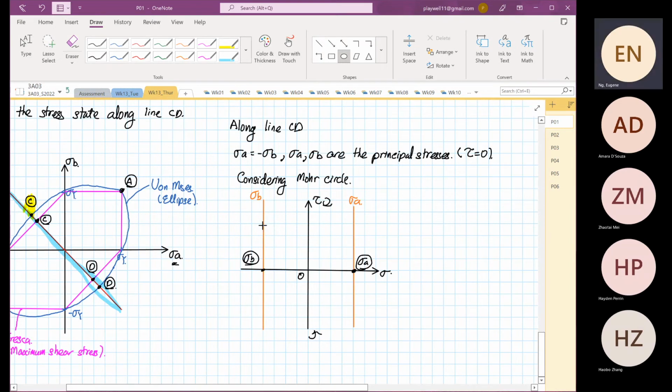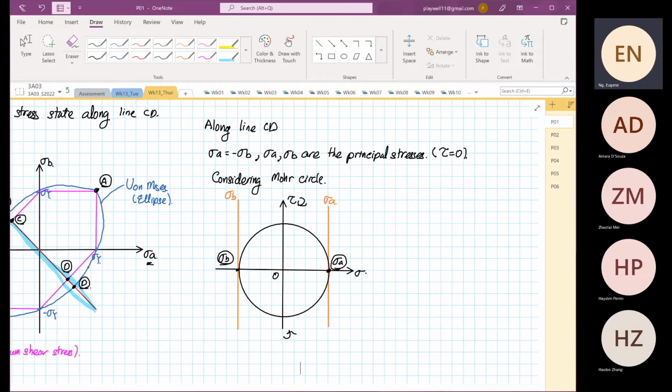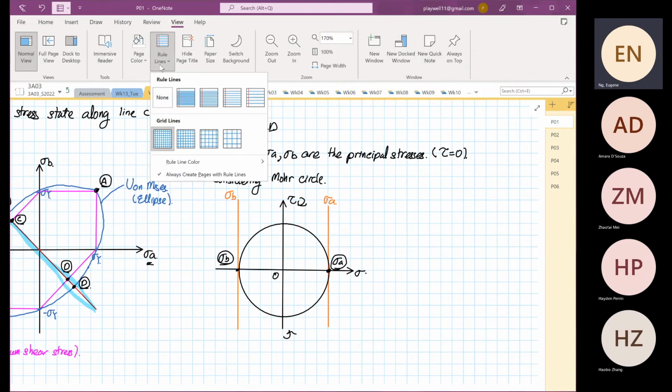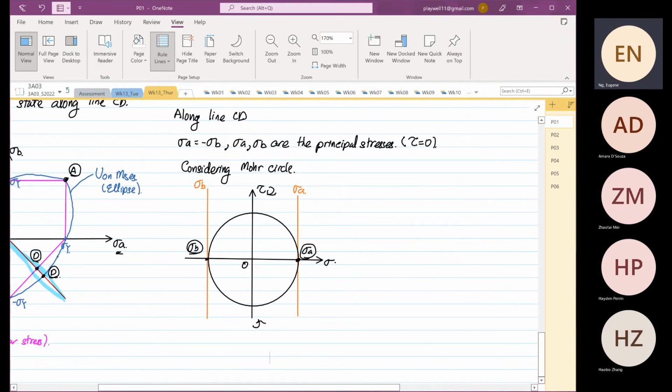Now we draw our Mohr's circle. What we realize from constructing this Mohr's circle is that we have to ask ourselves, in what stress state will the average stress be equal to 0 and stress A be equal to minus stress B? I'm talking about elements now. So in what stress state?